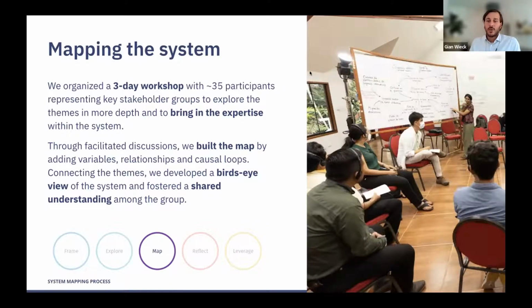And if you realize, okay, we're asking a little bit of the wrong question, it's also possible to adjust it. And I would suggest, if you're unsure about the question, or if there are different opinions about it, in the explore phase to talk more with the stakeholders, and maybe also to interview them, asking them, what do you think is the problem, the issue currently within the system that we're talking about?